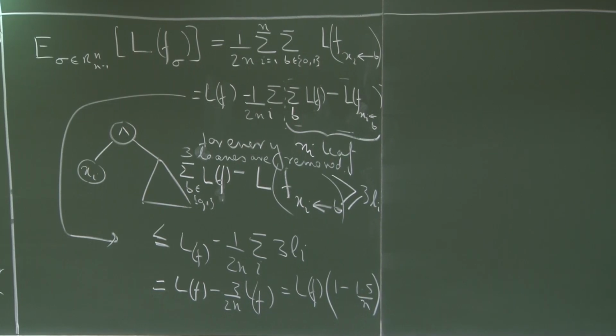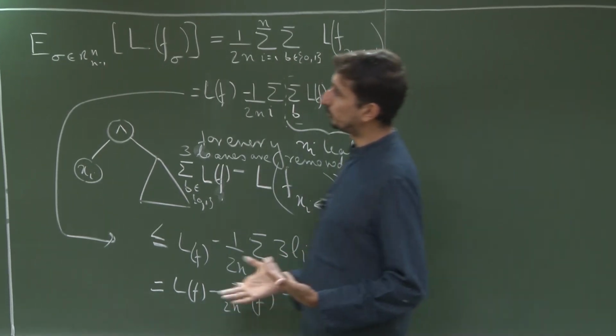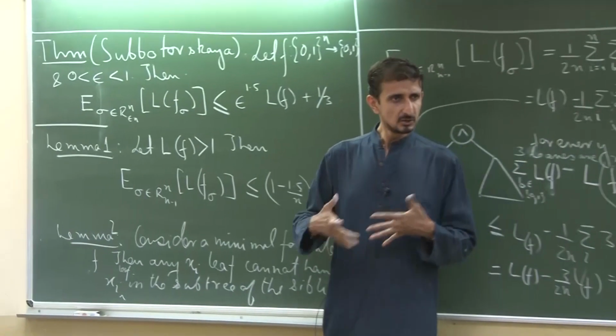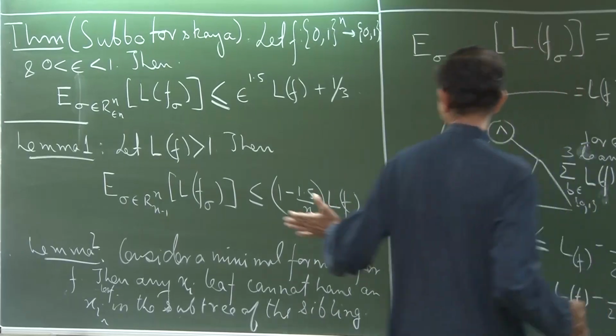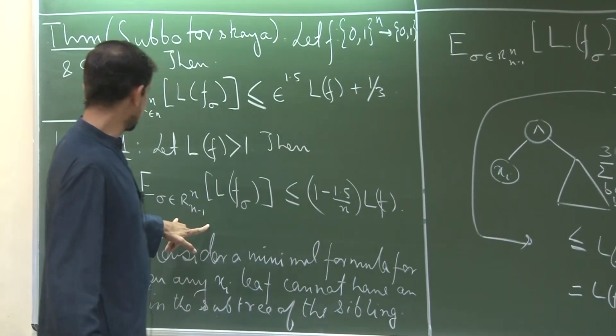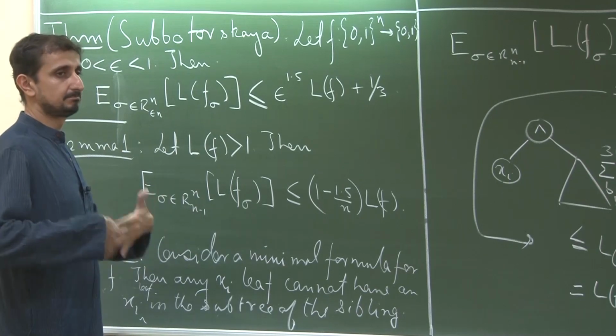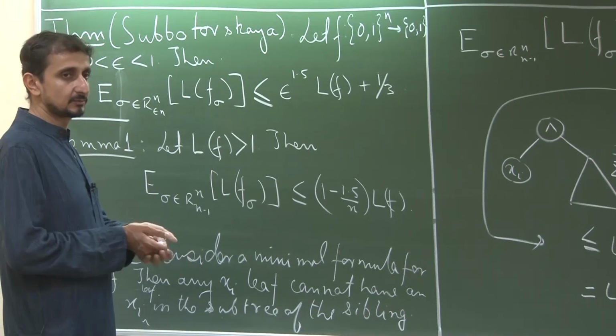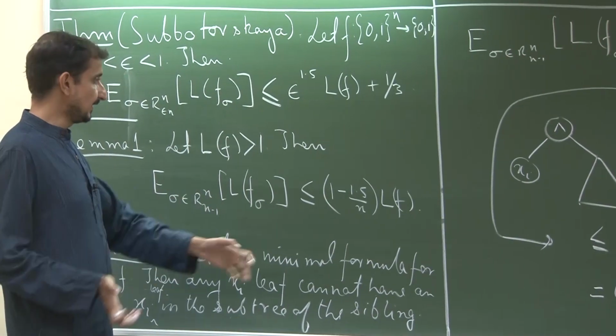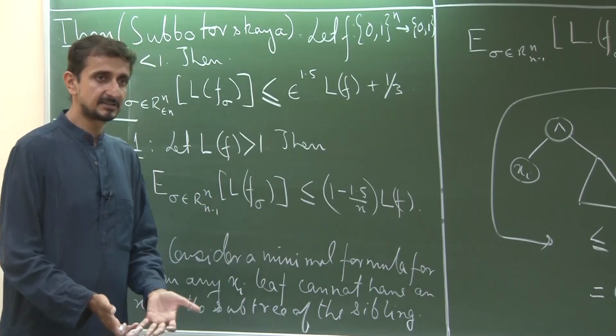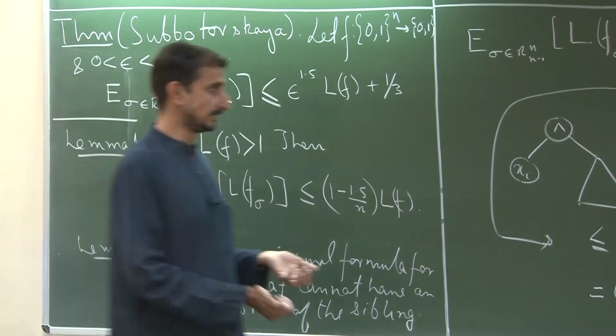Now, let us say I want to use lemma 1 to prove this theorem. One way to prove this theorem would be to keep on applying lemma 1 in an iterative manner. I take one variable, I restrict it, I get this bound, and then again I restrict it, and I keep on doing this.